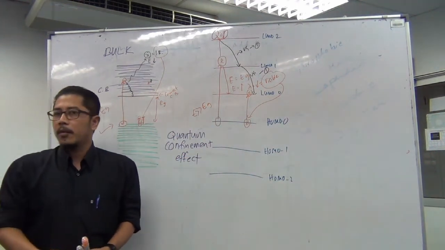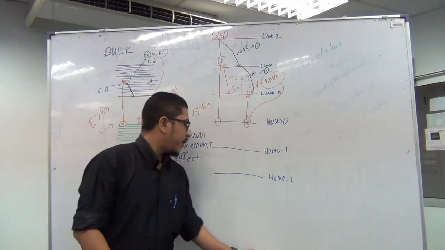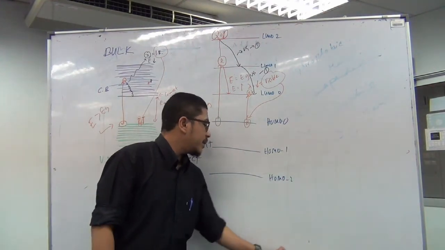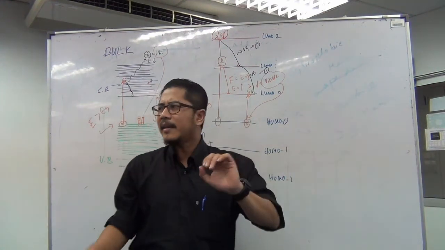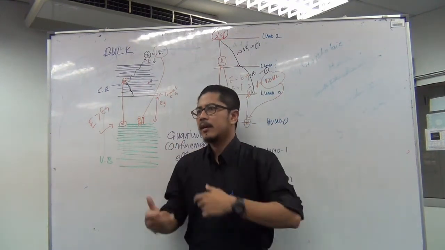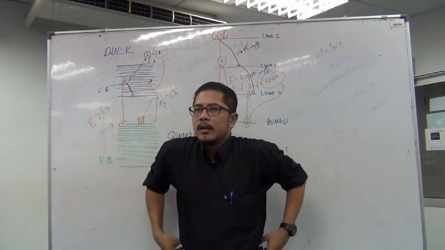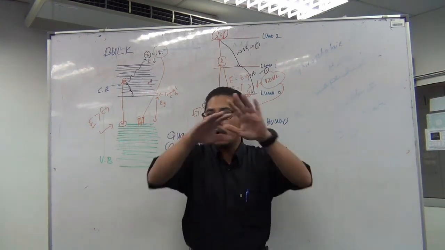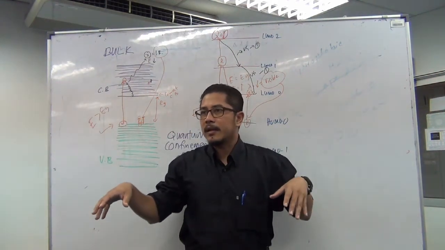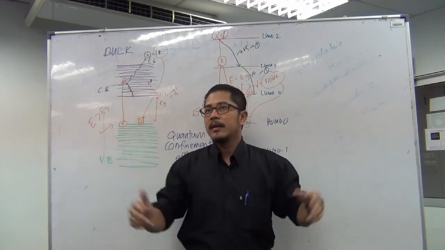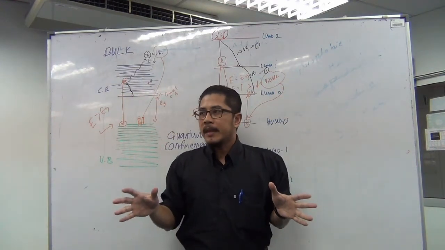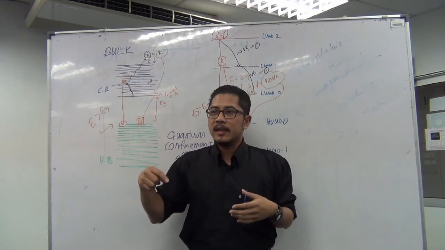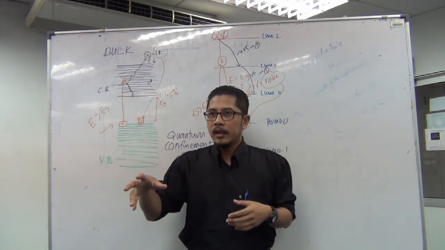Quantum confinement effect. What is quantum confinement effect? You could imagine like this. I believe I have explained this to you, but I will re-explain. Imagine that the whole class is the material. This big hall is our material, and we are the electrons inside the material.